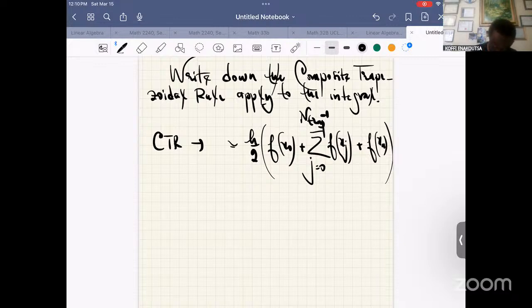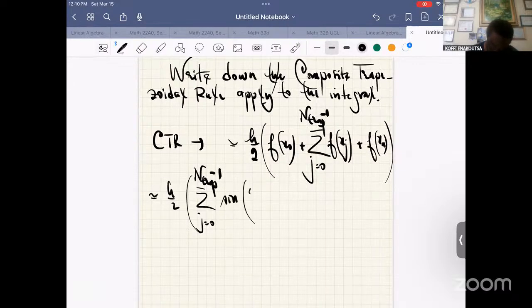Because of the function f, this becomes h divided by 2 times the sum over j from 0 to n trap minus 1 of f at xj, which is the sine of 2 pi xj divided by epsilon, okay?